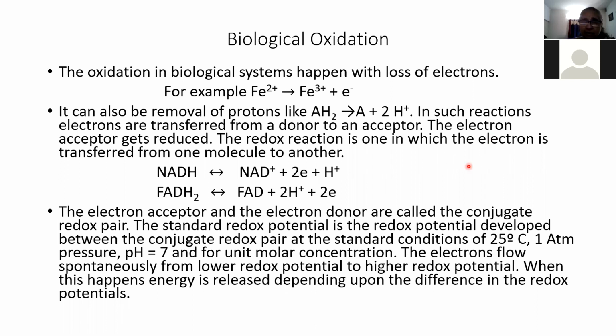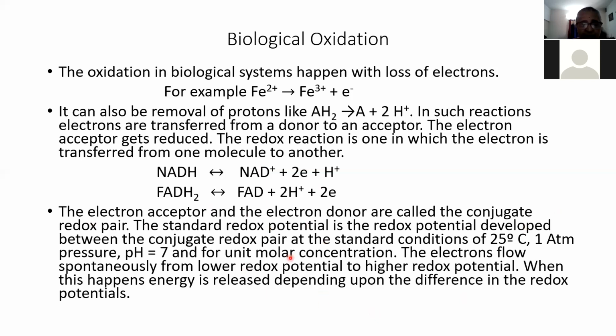Now, the redox pair potential developed at standard conditions of 25 degrees Celsius, 1 atmospheric pressure, pH equal to 7, and 1 molar concentration is called the standard redox potential. You already know that in physical chemistry we explained that at standard conditions of 25 degrees Celsius and 1 atmospheric pressure, we call it the standard redox potential.